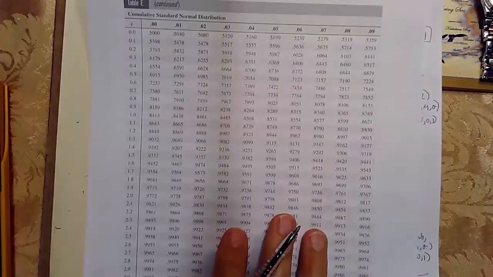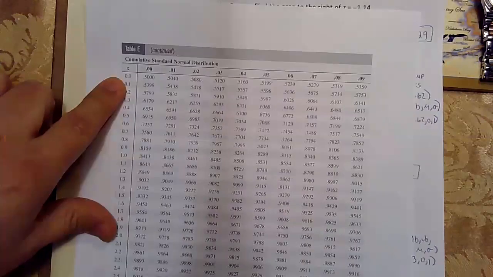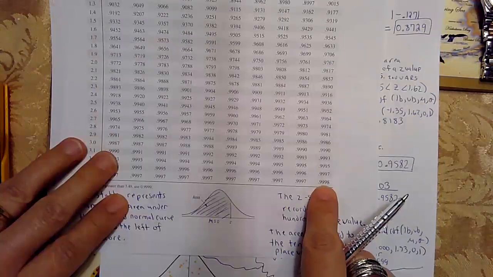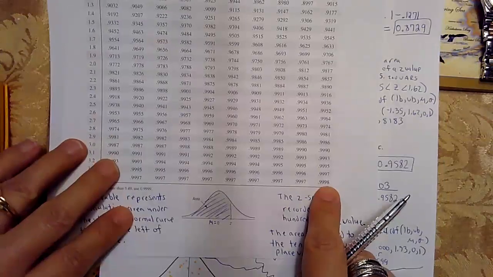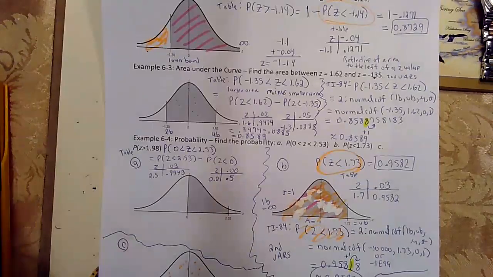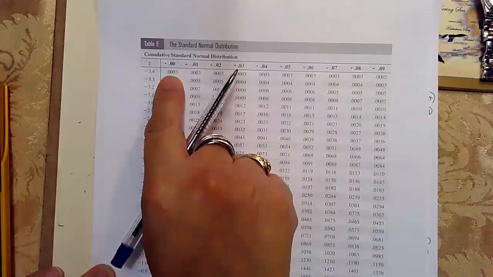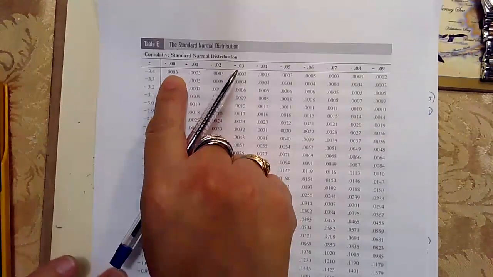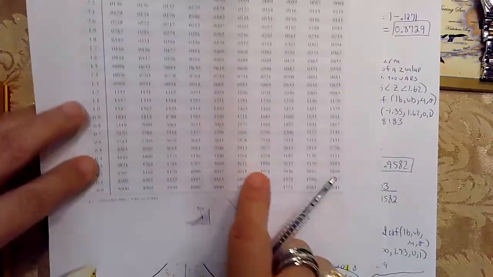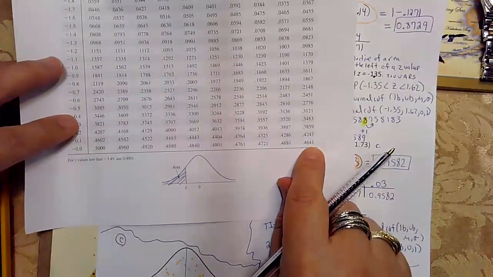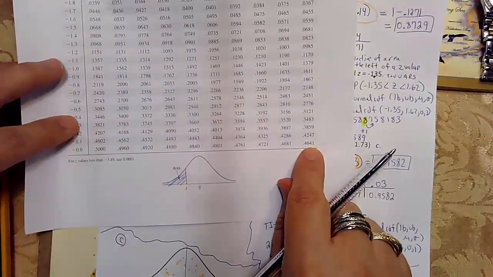And so you see, the whole area underneath the curve is 1. When you go from 0, this is 0.5, all the way to this side, that's almost 1, 0.9998. That's pretty close to 1. And when you do the negative side of your table, this starts off almost 0 here, 0.0003, and then it goes all the way to this value, 0.4641, which is pretty close to 0.5.